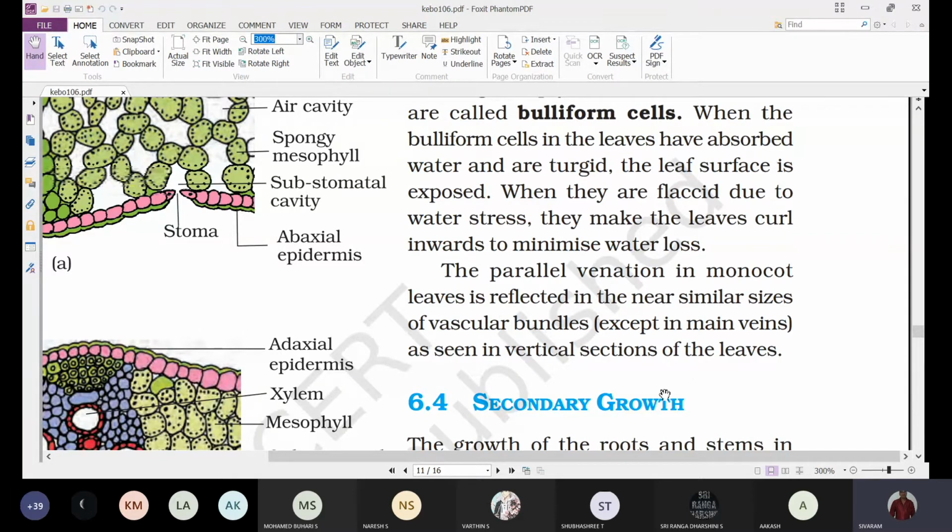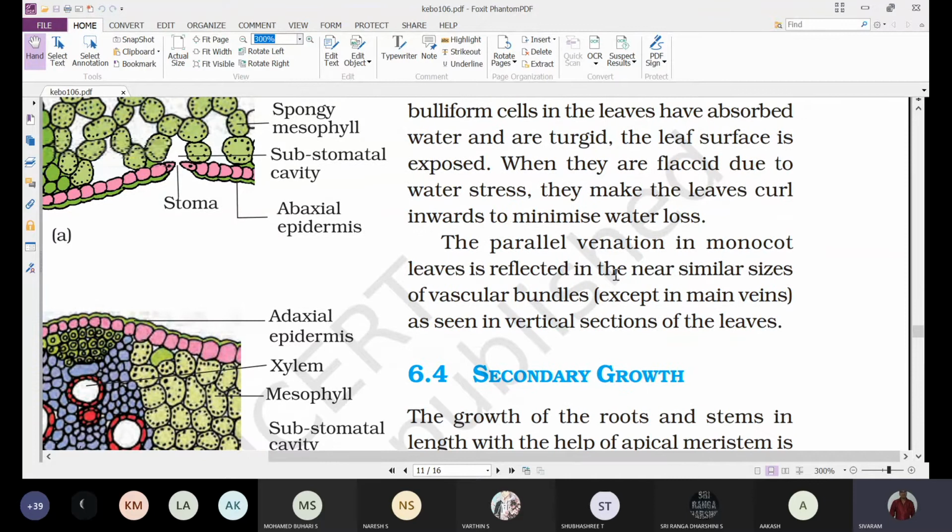The parallel venation in monocot leaves is reflected in the nearly similar sizes of vascular bundles, except in the main vein, that is the midrib. Except the midrib, all other veins that arise from the midrib show similar sized vascular bundles as seen in the vertical section of the leaf.